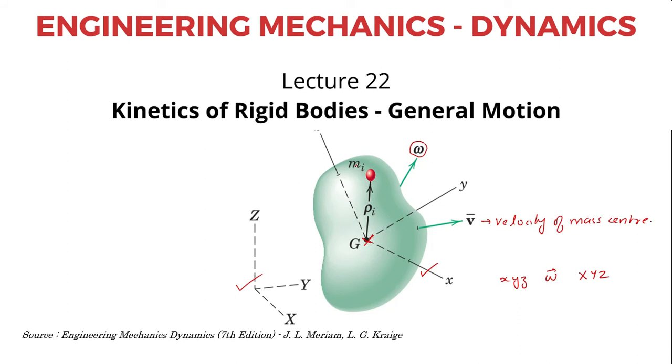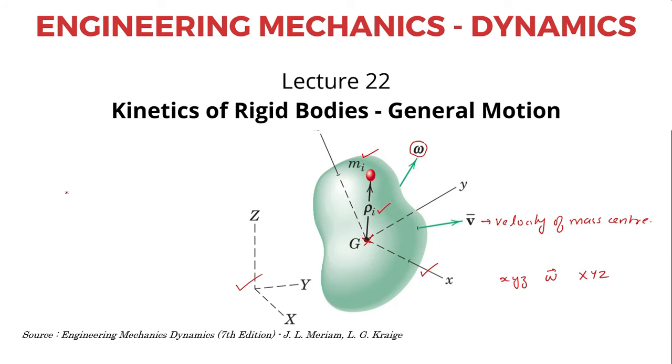Now let this rigid body be considered as a system of particles. One of these particles is shown here, mi, and the corresponding position vector of particle i with respect to the secondary reference frame small xyz is given as rho i.